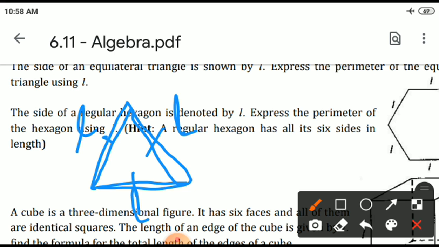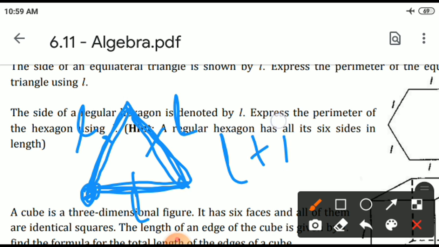Now what they ask us: find the perimeter of this triangle. We know what the perimeter is. Perimeter is nothing but this: you start to walk from one place to another place, and at the same place you have to return back. You can move in here, then up, then down. We can come back to the same point. So first of all, how much distance did we travel? L. Again, we are moving from here to here.